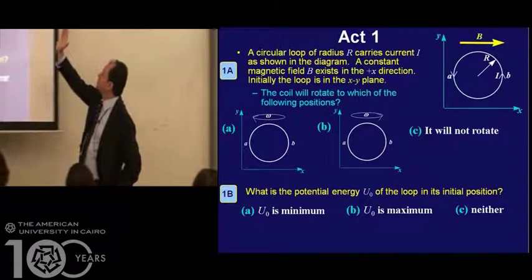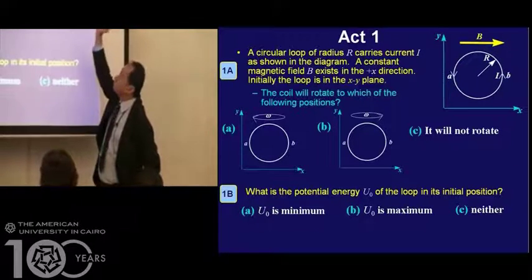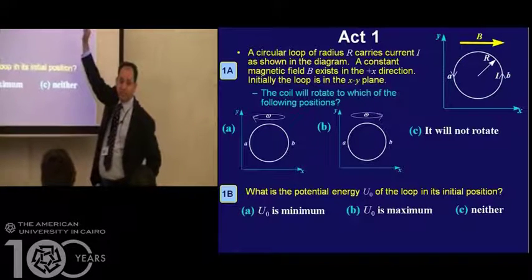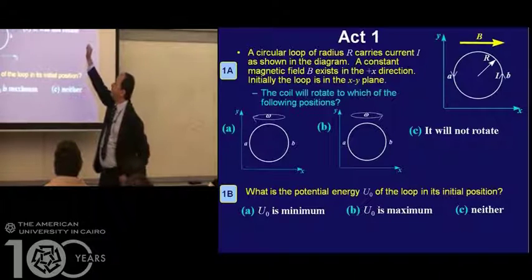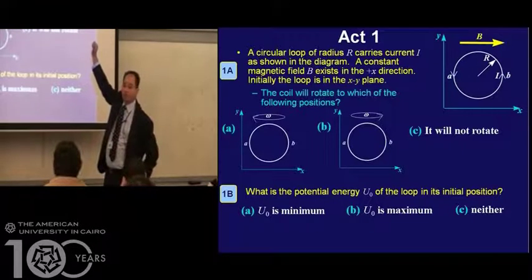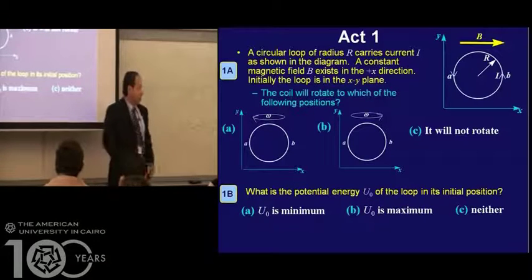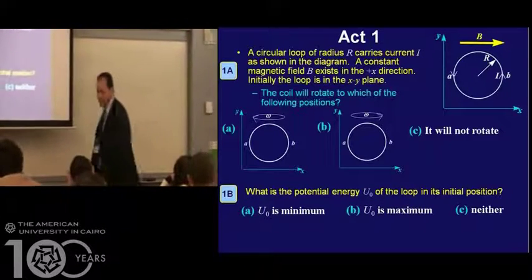So let's talk about the direction of the magnetic dipole moment. This is the direction of the current, right? This will be the direction of the magnetic dipole moment. In what direction will that be? Positive K. So the magnetic dipole moment is in the K direction.